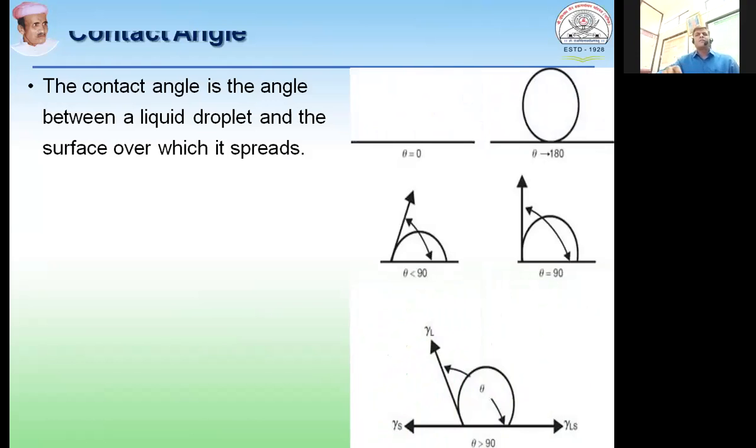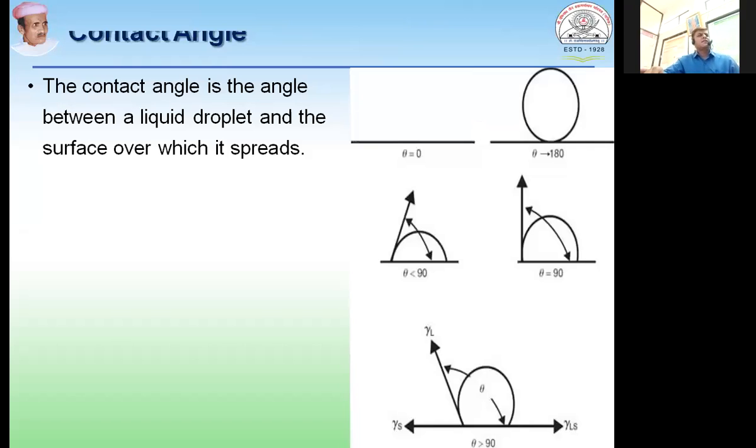So whenever there is a higher contact angle between the liquid droplet and solid surface, it is for sure that interaction between liquid and solid surface will not take place properly. And in that case, we'll have to take help of a wetting agent.